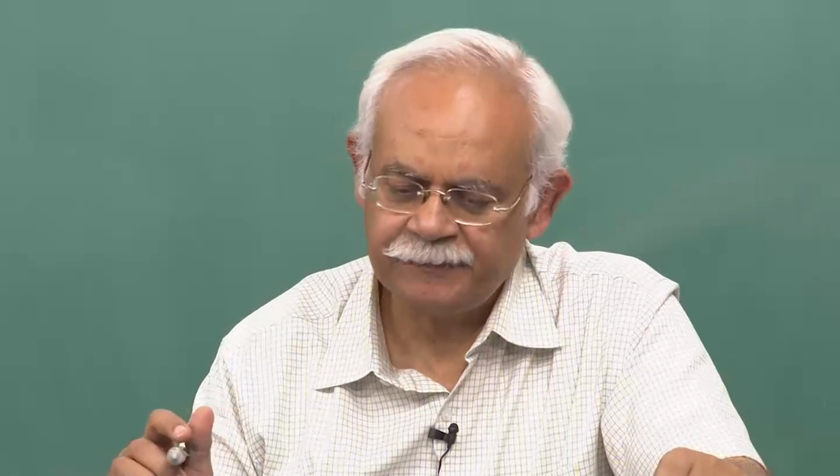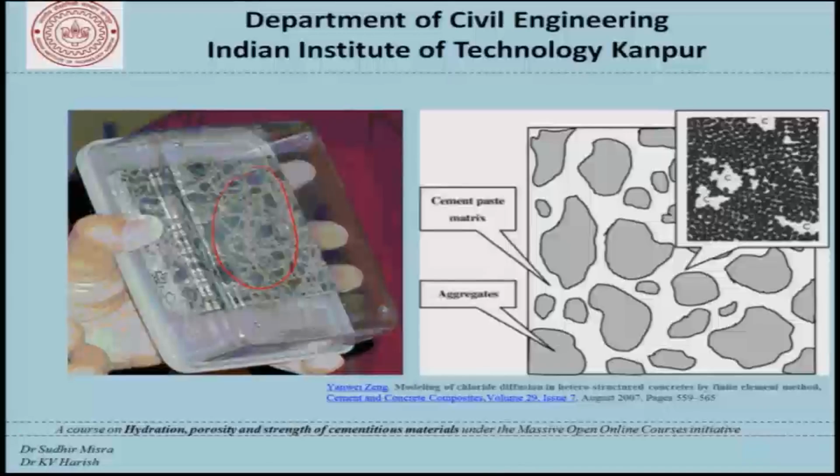We have repeatedly said that concrete, which is shown here, can be represented as aggregate and HCP or the hardened cement, which itself has CSH and so on, which can be looked upon as solids, and it has certain amount of pores or voids. So, this matrix of concrete, which basically is aggregate suspended in HCP, is what is the focus of attention when it comes to the strength.